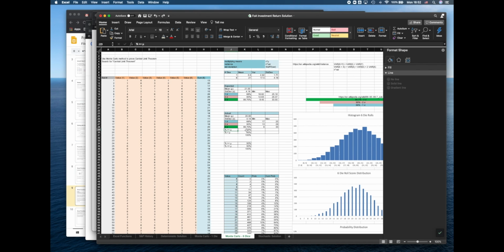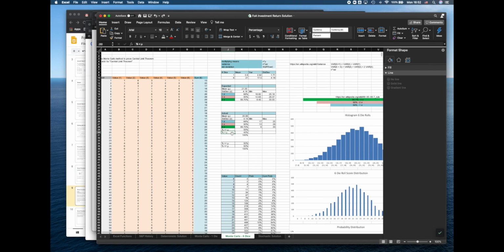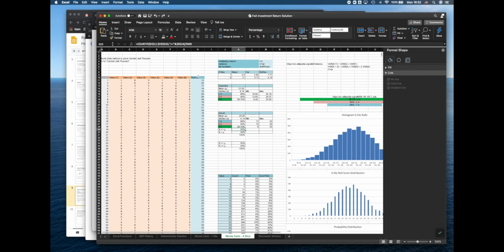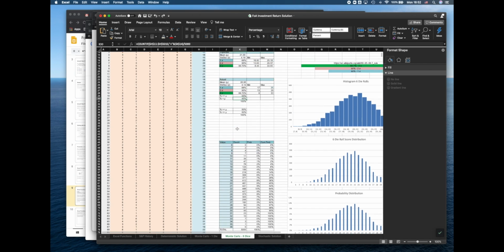There's something else that you can do here as well. I just wanted to say, what's the probability that we have a number that's greater than or equal to the mean, or less than or equal to the mean? And because this is a normal distribution, we expect half of it to be above and half of it to be below. There's a little bit of a problem here, though, in that from the way COUNTIF works, if I did greater than or equal to for one of these and less than or equal to for the other, I'm going to double count all of the numbers right in the middle.